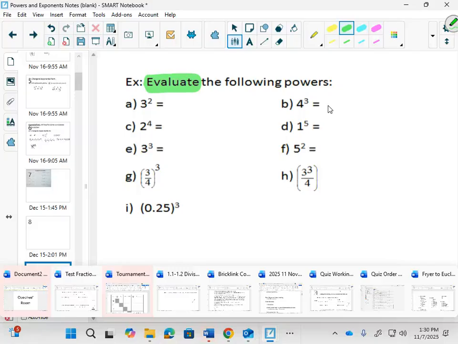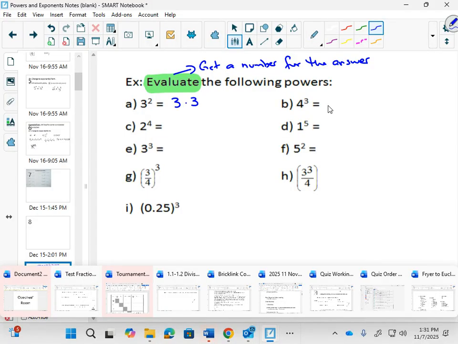So this one says evaluate. If you knew that this means get a number for the answer, a single number for the answer, then this becomes easier.